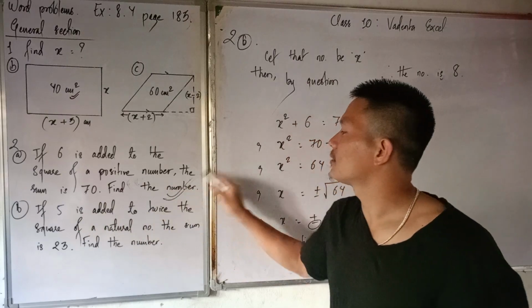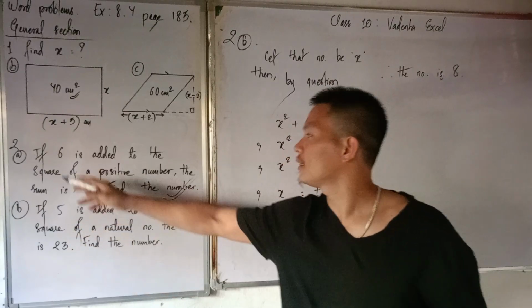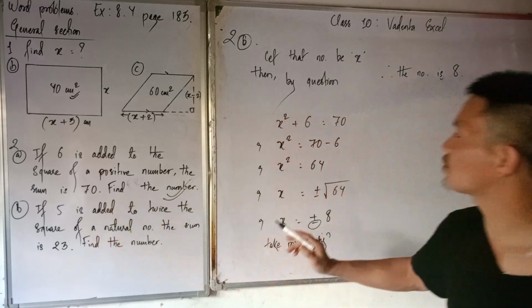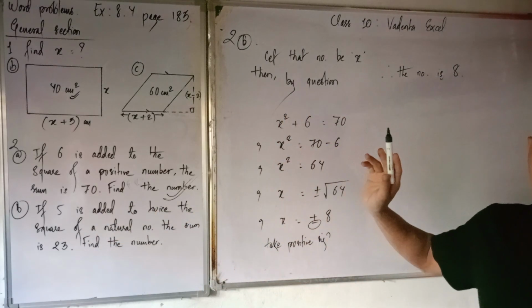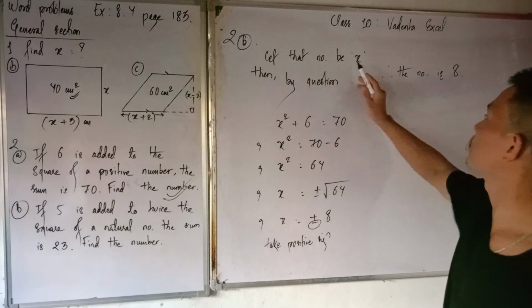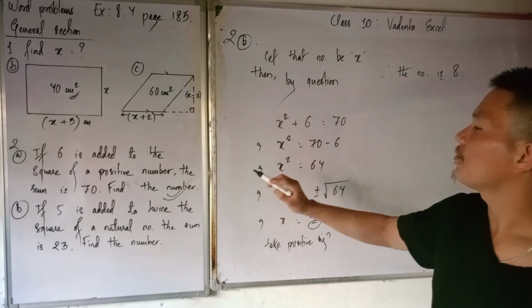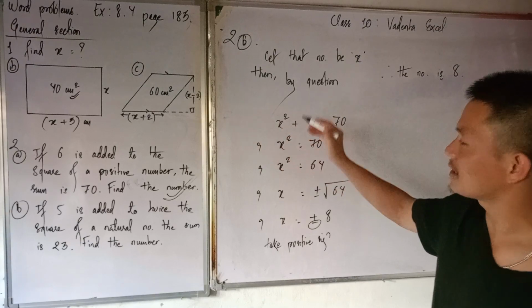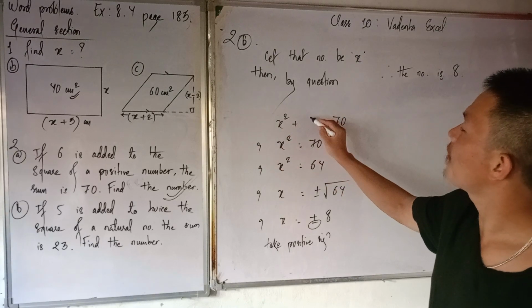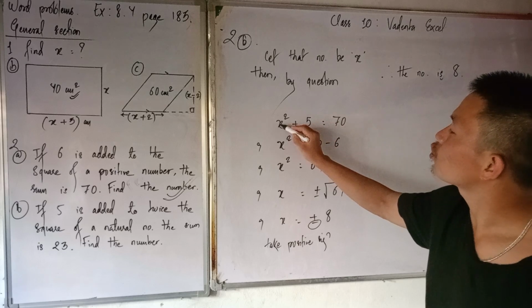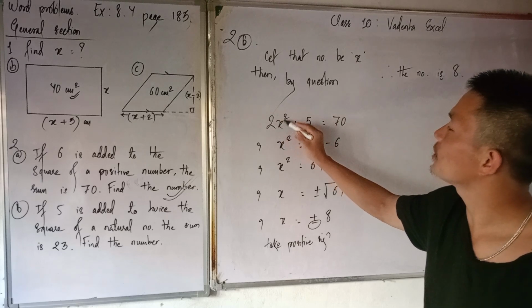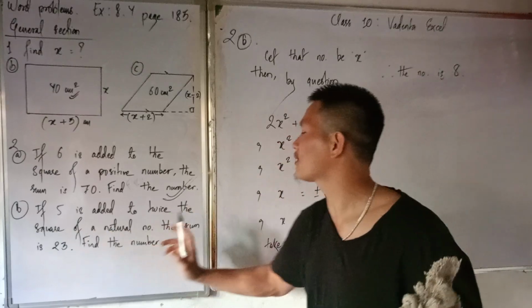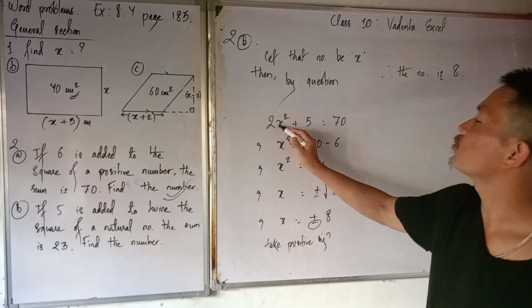If 5 is added, in the previous one we added 6, now here 5 is added to twice the square of the natural number.